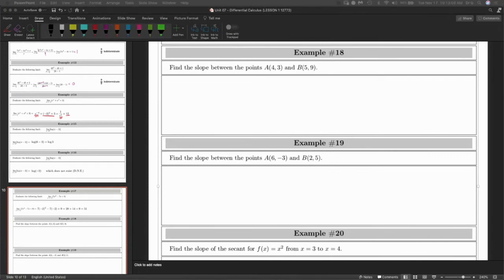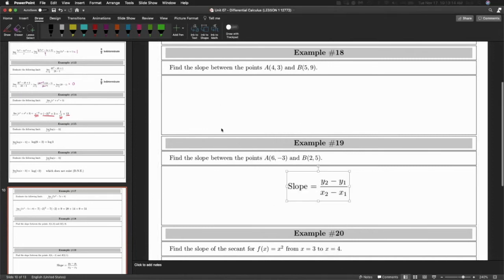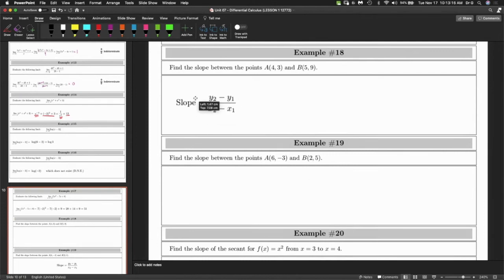Have I scared everybody off? Thank you, Jai. Thank you, Jordan. That's the one. This puppy right here. Remember this one back in the day? Slope: y2 minus y1 over x2 minus x1. Yeah, just do that. So plug in those points and get the slope.